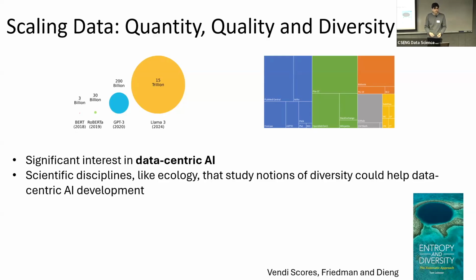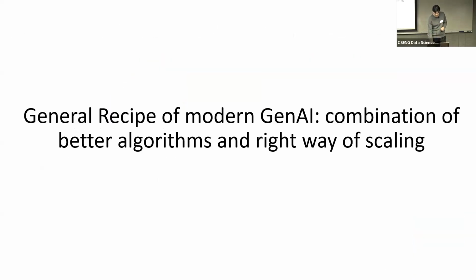We have to characterize biodiversity somehow, right? So I think studying notions of diversity from there could be very, very relevant for this data-centric AI, right? So really the general recipe of what we see today in modern Gen AI is a combination of better algorithms and the right way of scaling by figuring out the right mixture of data.